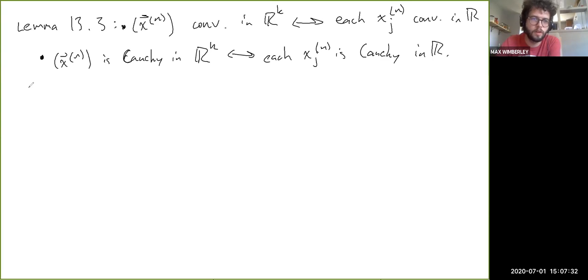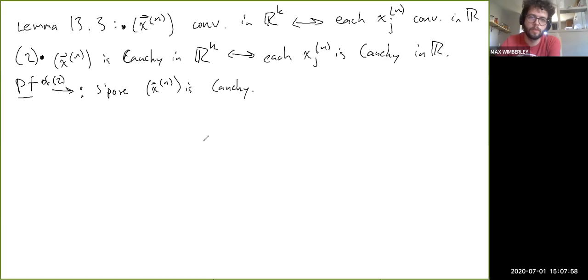Okay, so let's talk about the proof. Let's talk about the forward direction of the second part here. Let's call this one 2. So the proof of 2, moving forward. Suppose x^n is Cauchy, right?